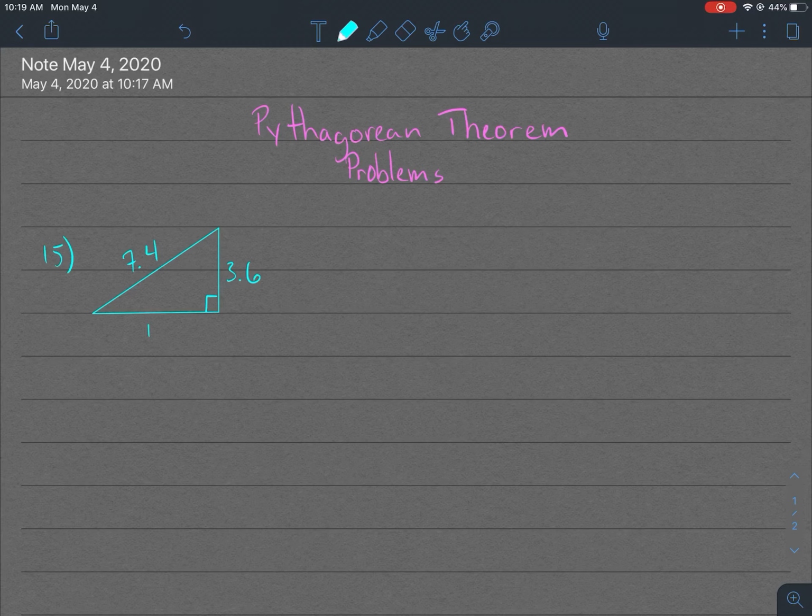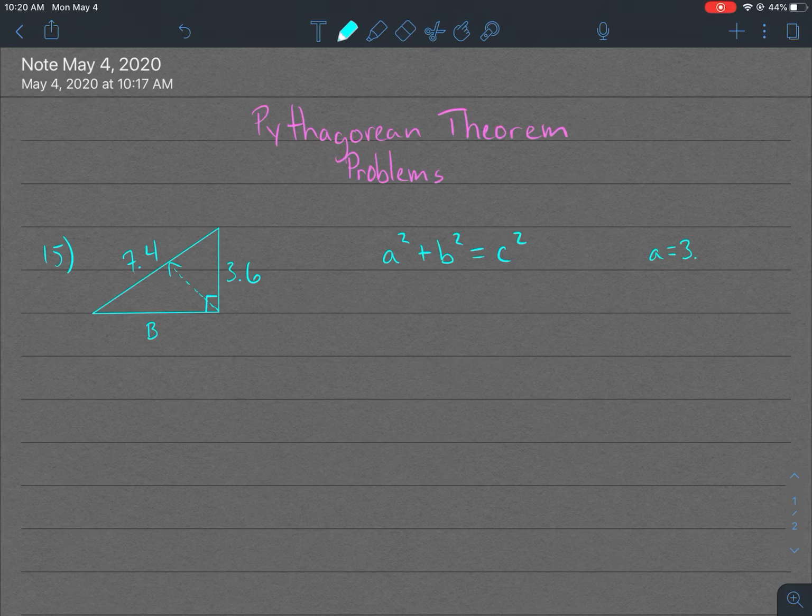And we're trying to find this missing side right here. I'm going to call it B, because we know that in our Pythagorean theorem, we have a formula that's a squared plus b squared equals c squared, where c is the hypotenuse, and c is always opposite the 90-degree angle. So 7.4 is c. So what do we know about our triangle?